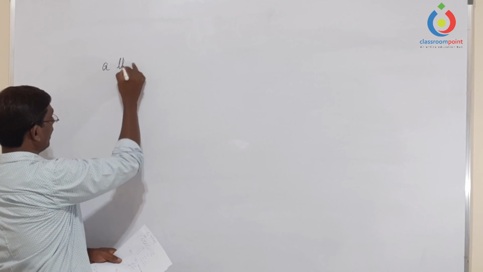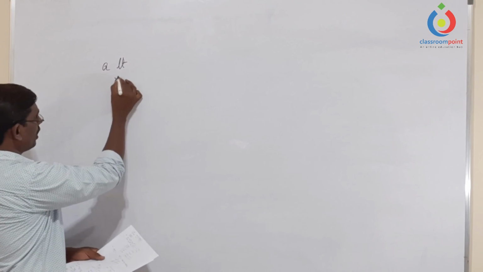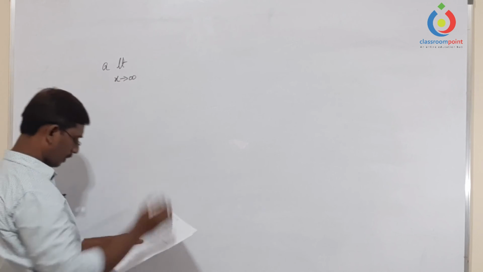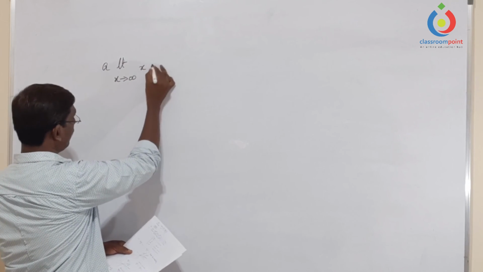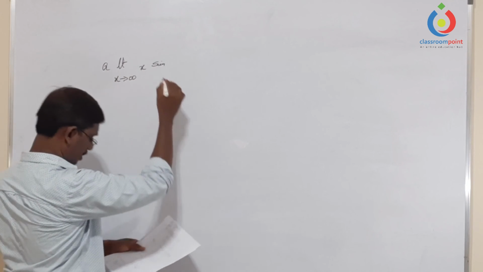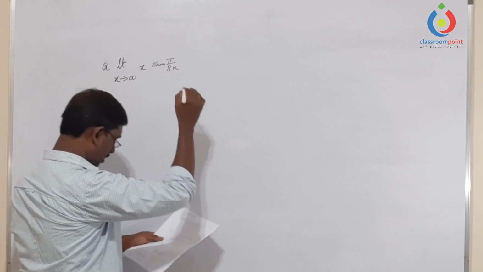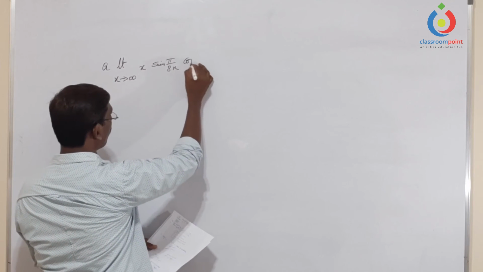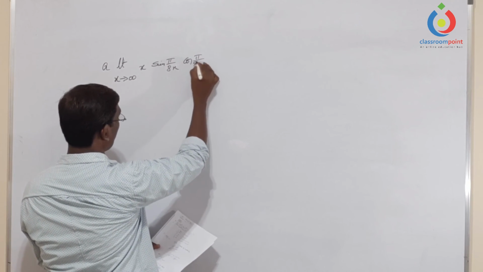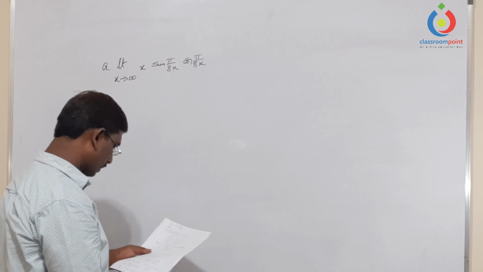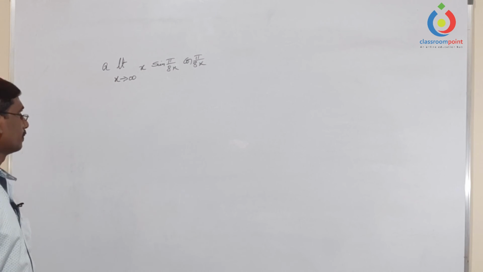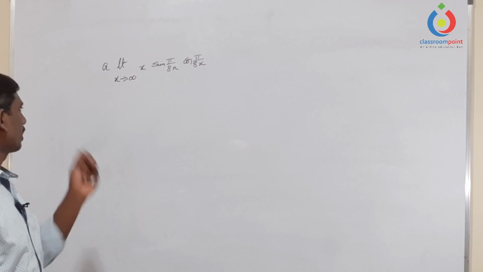The question is limit x tends to infinity, x into sine of pi by 8x into cos of pi by 8x is equal to what? This is the question. Sir, what to do?